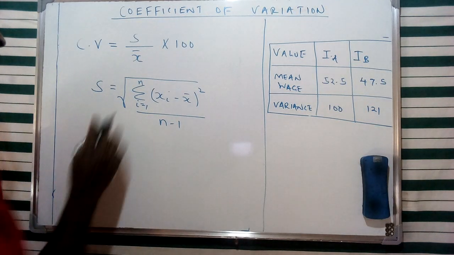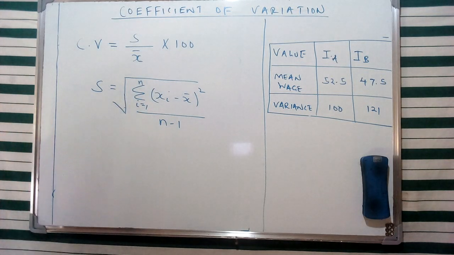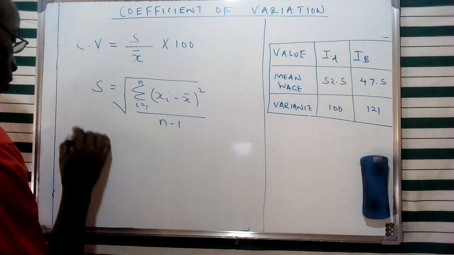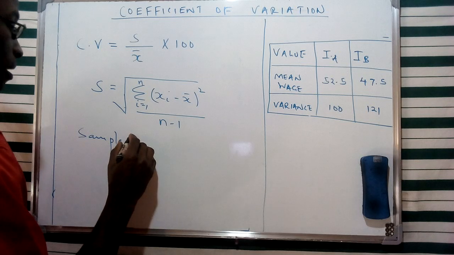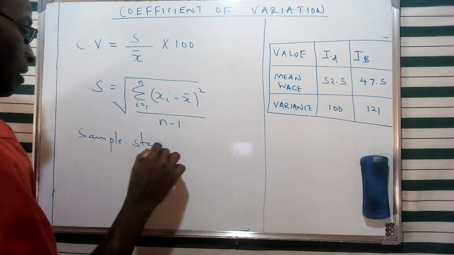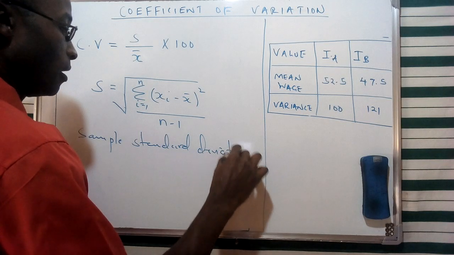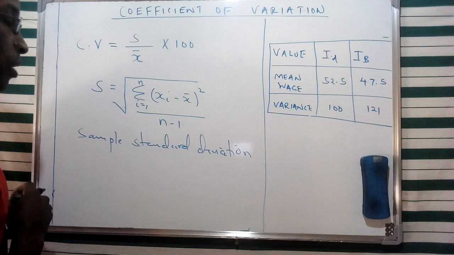So this is going to be the root of all these values. This basically gives us what we refer to as the sample standard deviation, and this is a derivation from the sample variance which we are given.